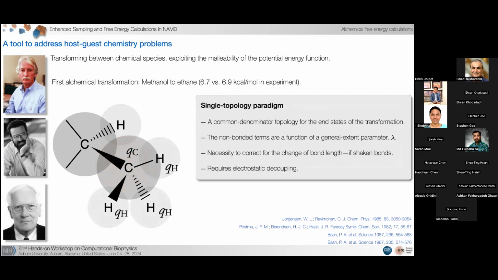What you do in the single topology paradigm, once you have found your common denominator, is perturb all the parameters of your topology. So you're going to change the charge borne by the carbon into the charge borne by oxygen. You're going to change the van der Waals radius of your carbon into the van der Waals radius of an oxygen. And what about these guys?